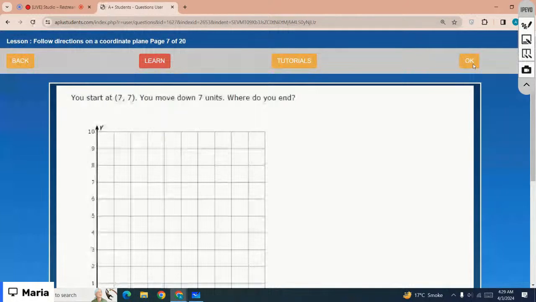You start at (7, 7). You move down 7 units. Where do you end? Which is the correct option? Yes, that is (7, 0), right?